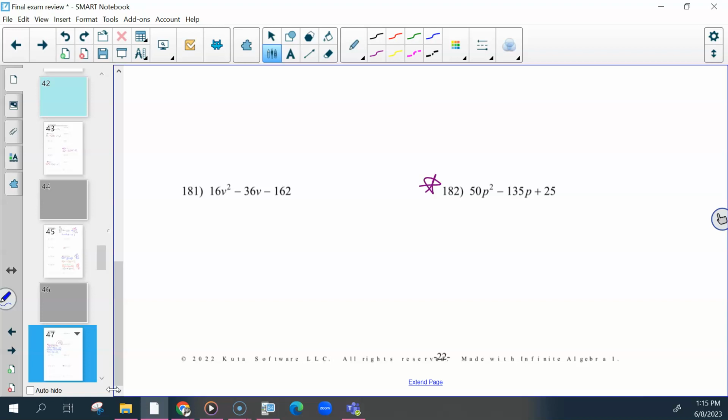Questions on that one before we do the next one? Again, look and see if there's a GCF for all of them. 5. We have 10p squared minus 27p plus 5.